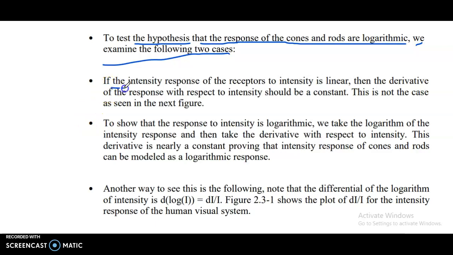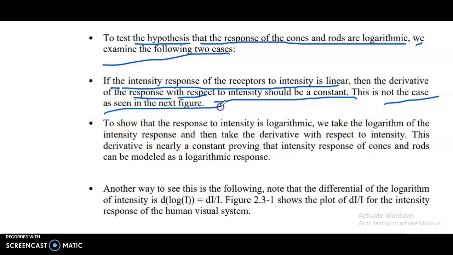If the response of the receptor to intensity is linear, then the derivative of response with respect to intensity should be constant. This is not the case, as seen in the next figure.